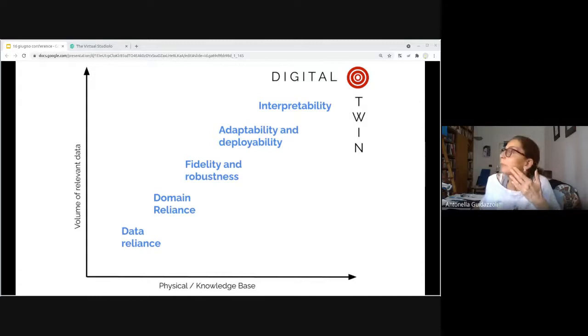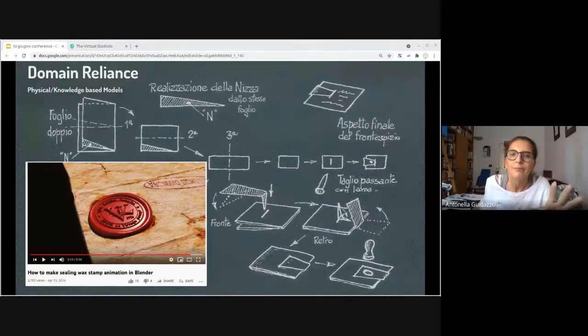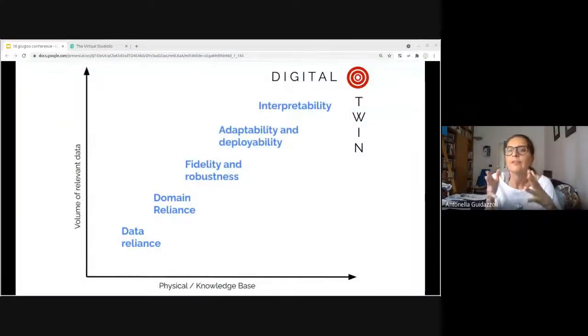Another point: to widen and deepen the concept, we can think about contents that gradually accumulate along the two different axes. So we have this kind of physical knowledge-based virtual studiolo on one axis, and the data-driven virtual studiolo. The idea of the digital twin is on the upper right corner, but for sure it's an attainable goal.